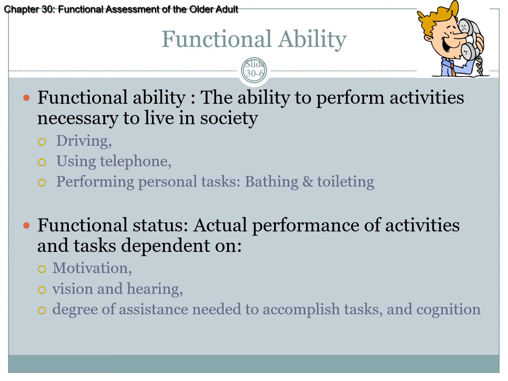Okay. Maybe it's because their vision is not appropriate. Maybe it's because their hearing is not appropriate and they need additional assistance for that. And then how much assistance is required. So a nurse or a physical therapist or occupational therapist may actually be in the home or where the patient is in order to see what the needs are, what kind of requirements these patients require.